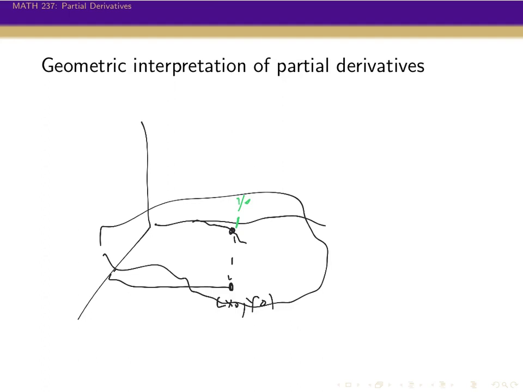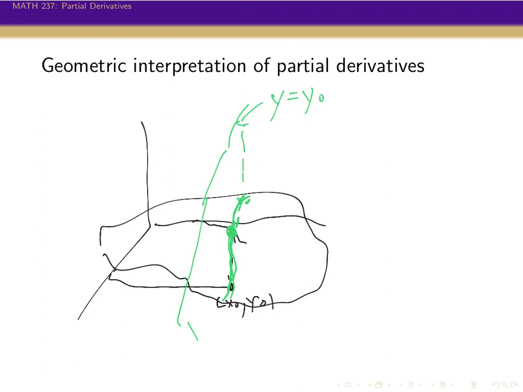And so really what we're doing is slicing along the plane y equals y naught, which is a plane that's vertical and coming straight out. And this is going to slice through this surface as a single curve going through.